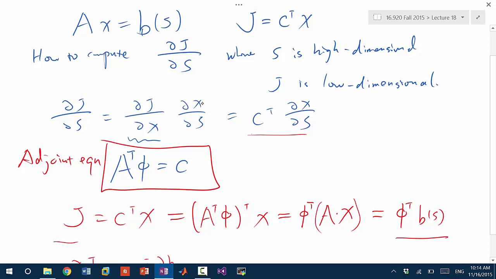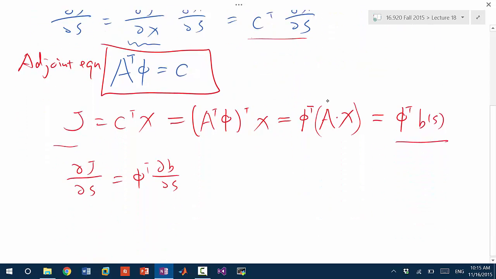Then it is more useful to compute partial X partial S first, because that's just one vector, one solve. And then if I have many J's, I have many C's, and I can multiply partial X partial S by these many C's to compute the derivative of these many objective functions.